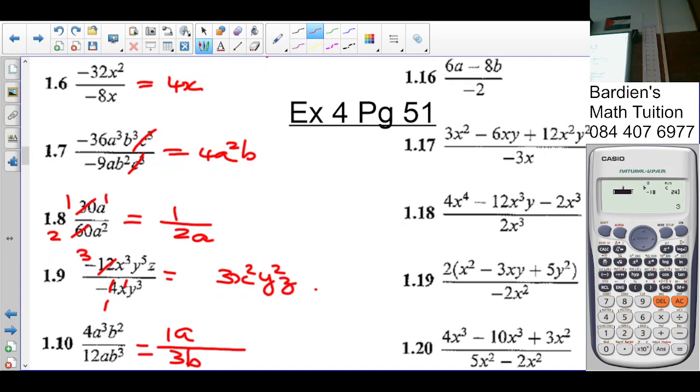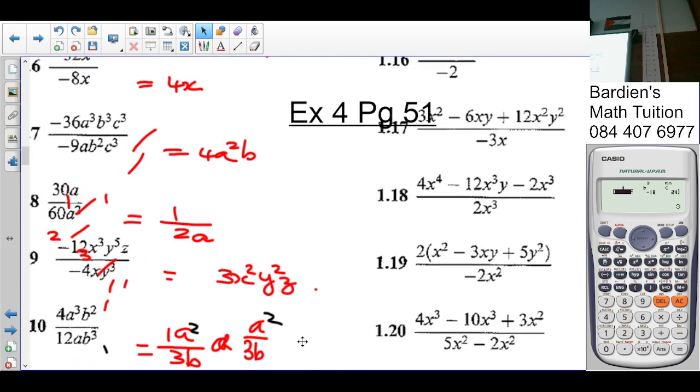We could have written it without the 1 in front of the a, as a over b. It's actually a squared, yes, absolutely good. Why? Because 3 minus 1 is 2. Right, you all agree with that? Okay. Any confusion?